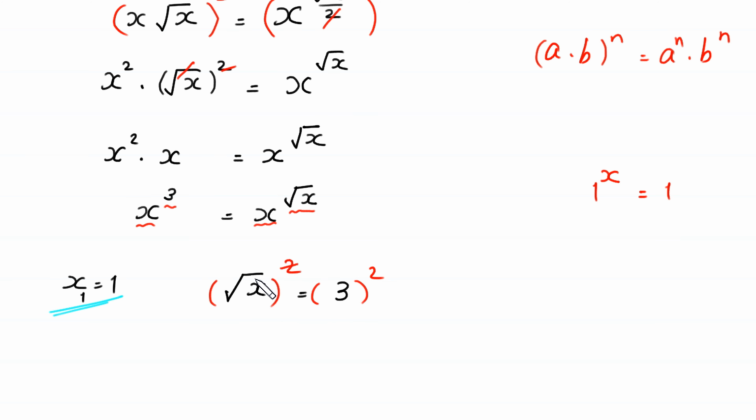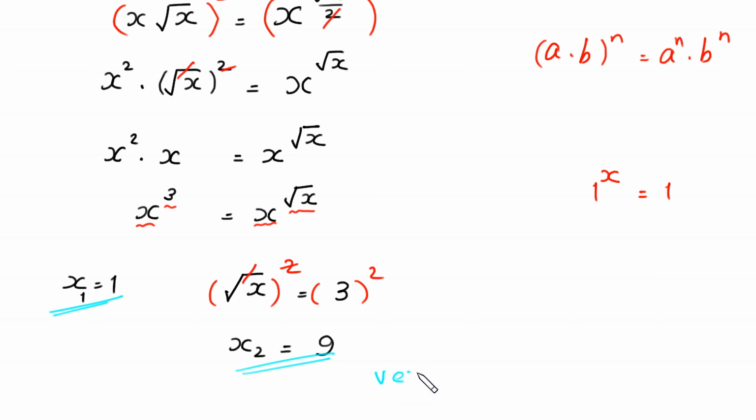This square will be cancelled with this square root, and at left side left x is equal to 3 squared, which is 9. This is the second solution of this equation. So by using second method we get the same values of x as we get by using method 1.